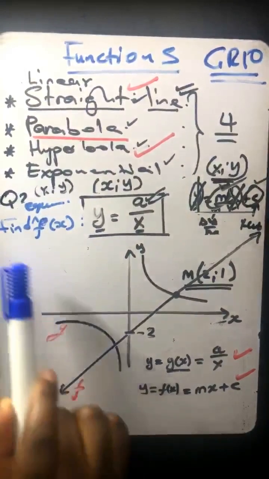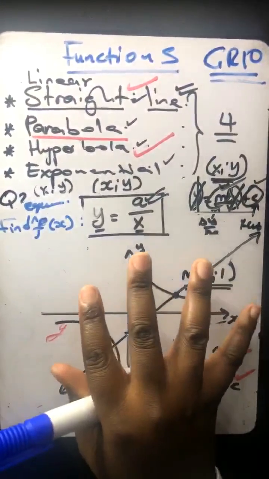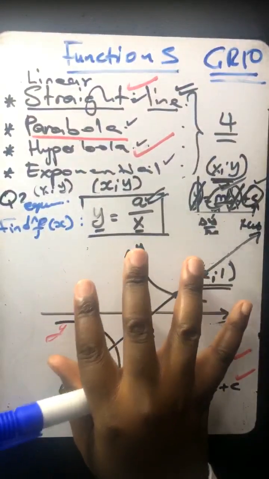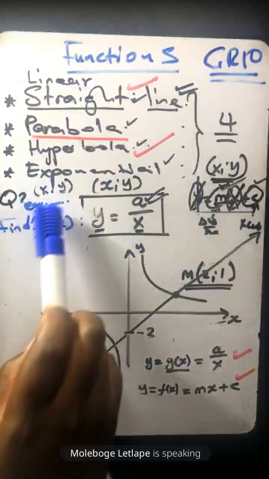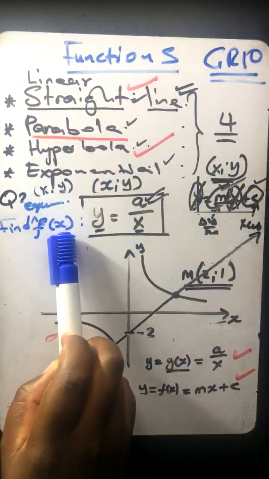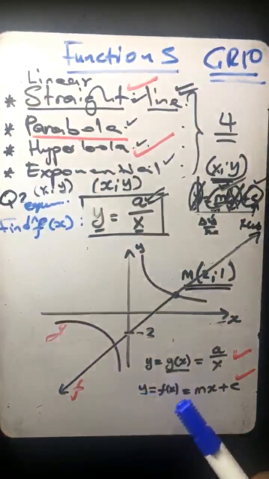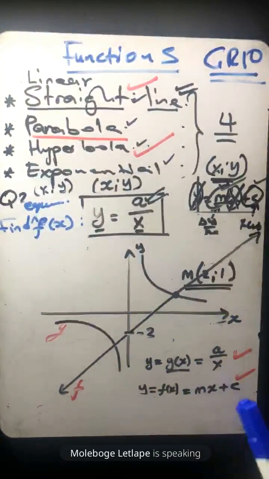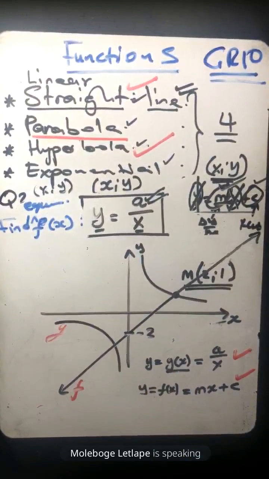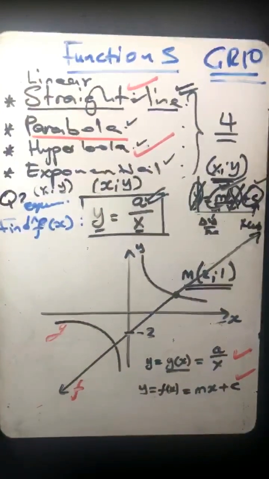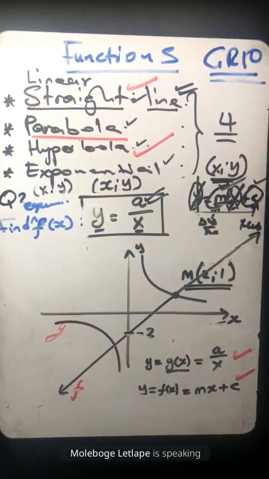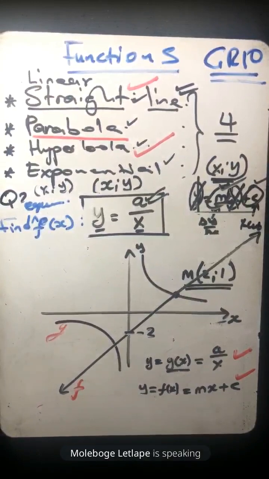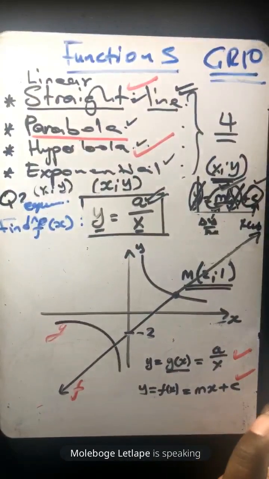So the question says on this Cartesian plane, find the equation of f of x. So the question is, are they talking about a hyperbola or a straight line? A straight line. How do you know they want you to determine an equation of a straight line? Because you've already labeled that straight line f of x. Yes, f of x, exactly that.